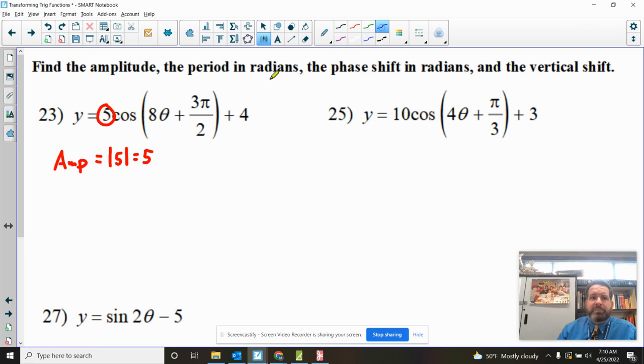Next up, let's do period. And tell you what, because I'm dealing with the parentheses here, let's just do our factoring part now. I'm going to rewrite what's in these parentheses. So 8 parentheses, theta plus, thinking to the side here, 3 pi over 2 divided by 8. That's going to be 3 pi over 16.